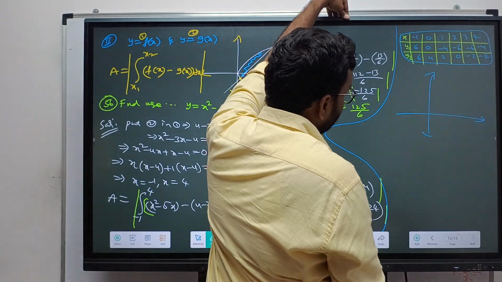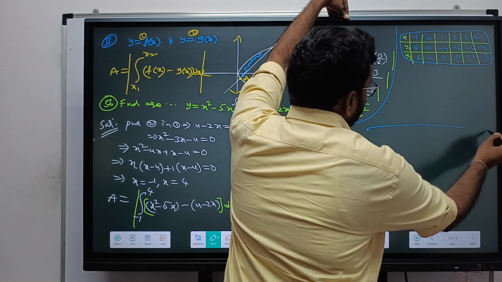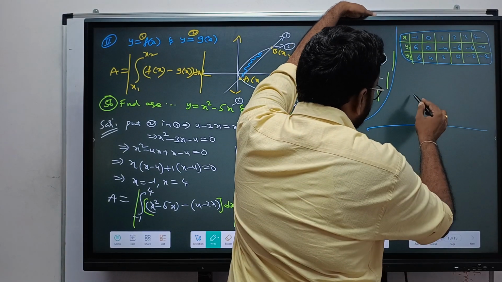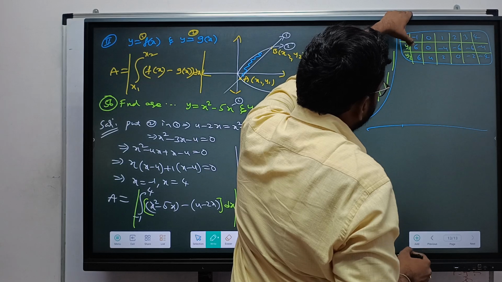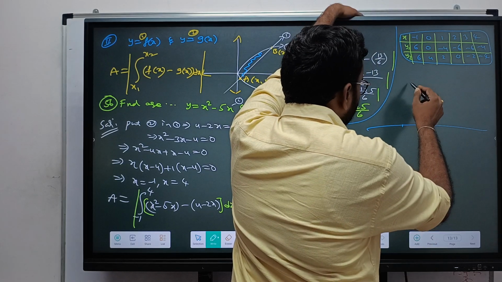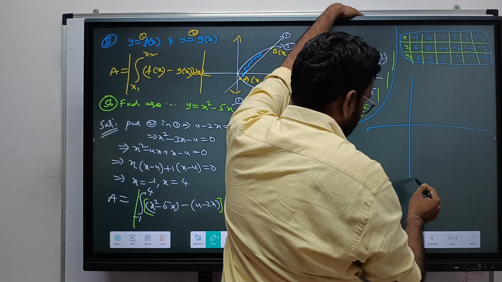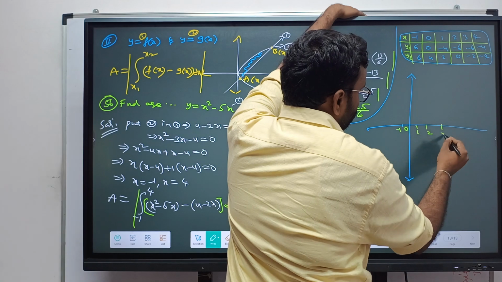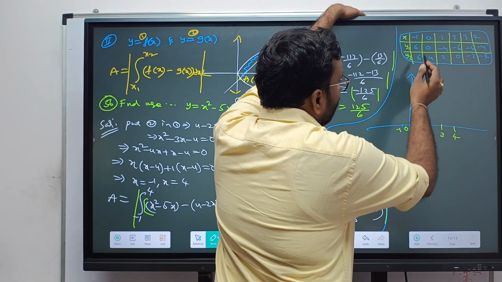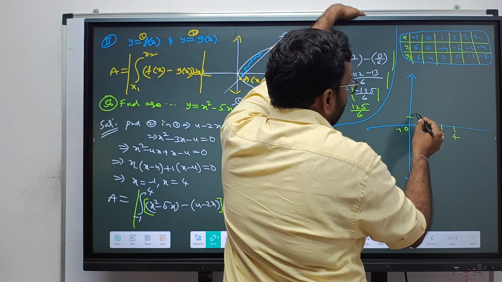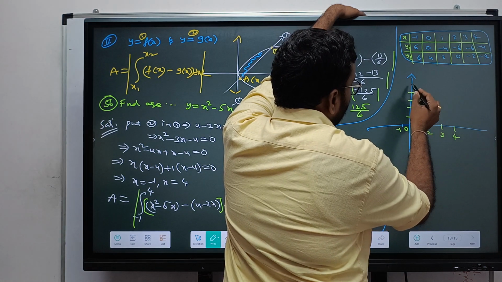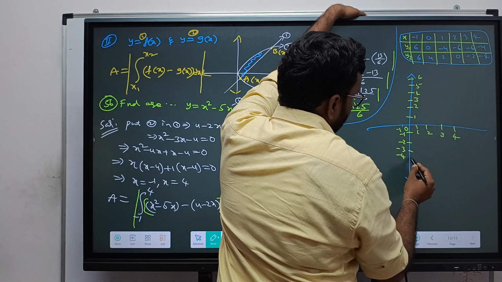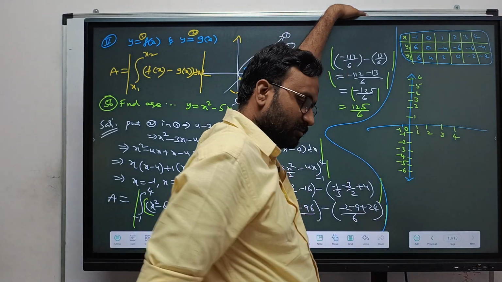Okay, a little bit big I will take. On the x-axis, minus 1 is very small, 4 is big, so it is enough. On the y-axis, 6 is big and minus 6 is small, so you need it like this. Here this is 0, minus 1, 1, 2, 3, 4, till 4 enough. On the y-axis 6 to minus 6: 1, 2, 3, 4, 5, 6, minus 1 to minus 6.